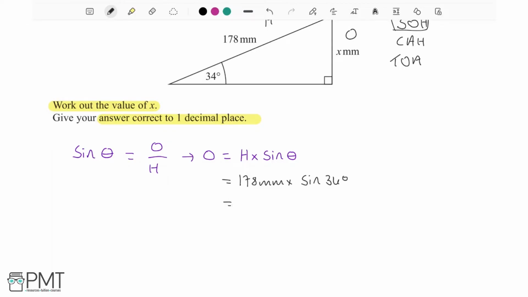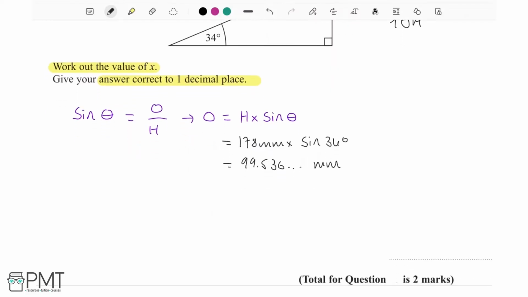Putting this into your calculator, 178 times the sine of 34 will get you an answer of 99.536, etc. millimeters. We have been asked to give it to 1 decimal place, so we round this, and it rounds down to 99.5 millimeters. So this part is worth 2 marks.